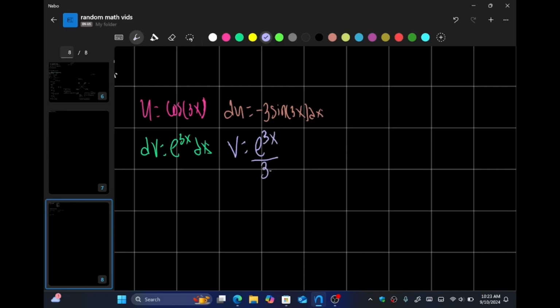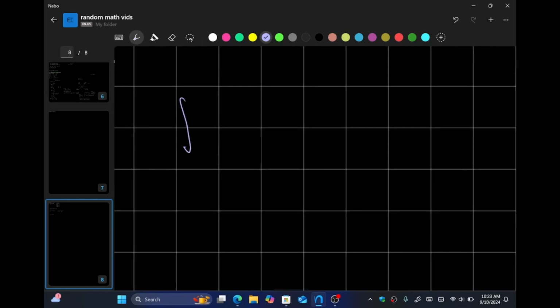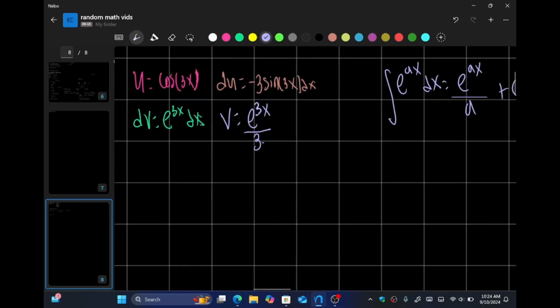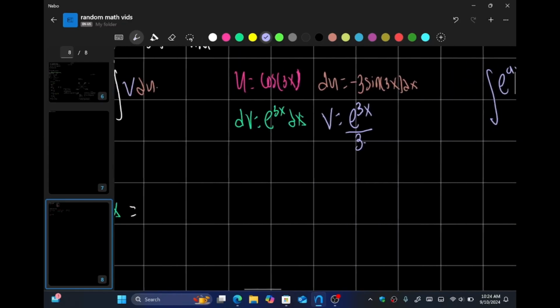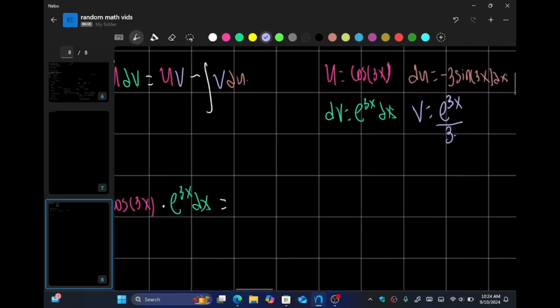Just know that the integral of e to the ax dx is equal to e to the ax over a, plus constant of integration c. That's just really how you say it.